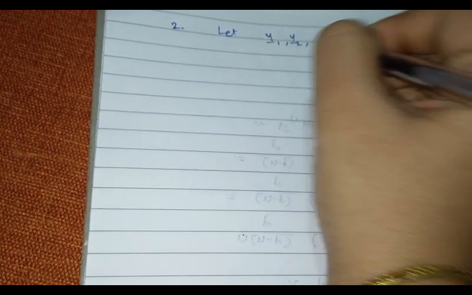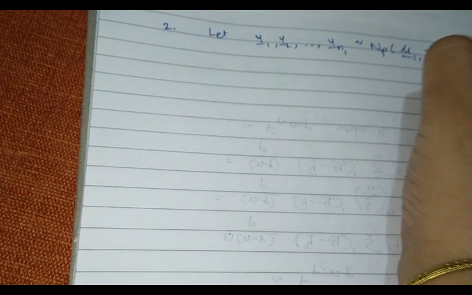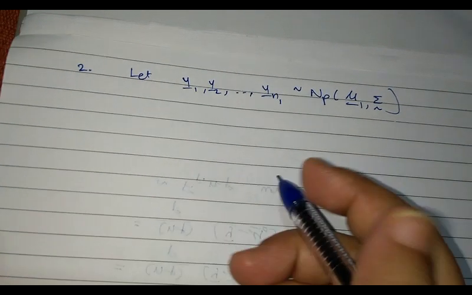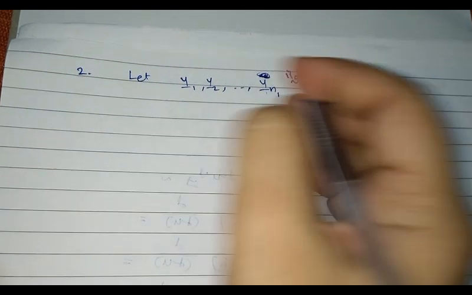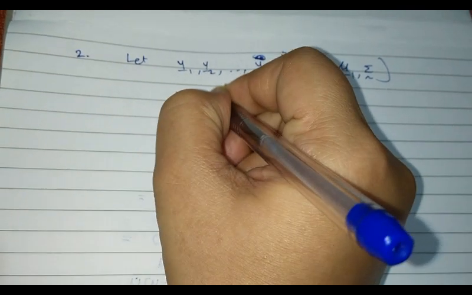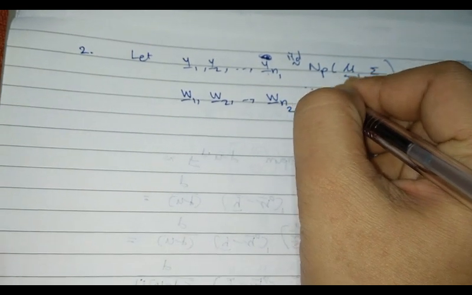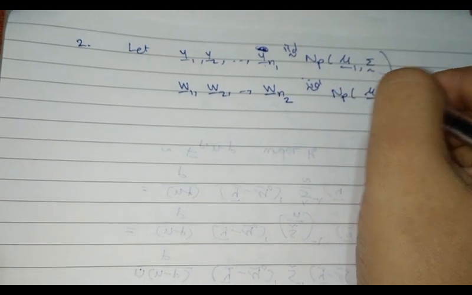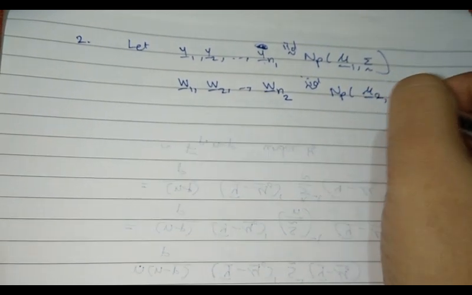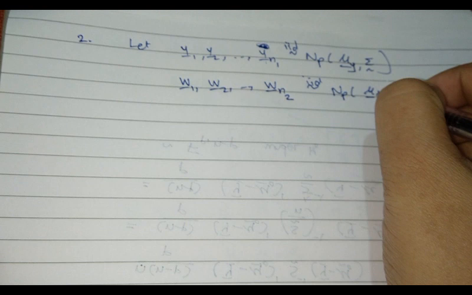y1, y2, yn1, an IID sample coming from N_p(mu1, sigma), and let me say W1, W2, Wn2, an IID sample coming from N_p(mu2, sigma). If you want, I can call them mu y and mu w, so life is easy.